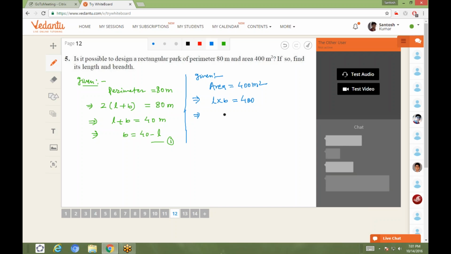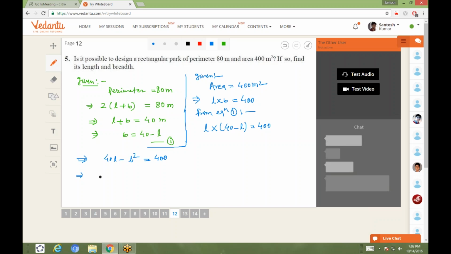Putting the value of B from equation 1 in this equation, L into (40 minus L) equals 400. So 40L minus L square equals 400.